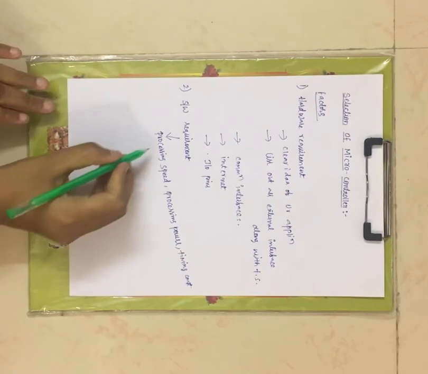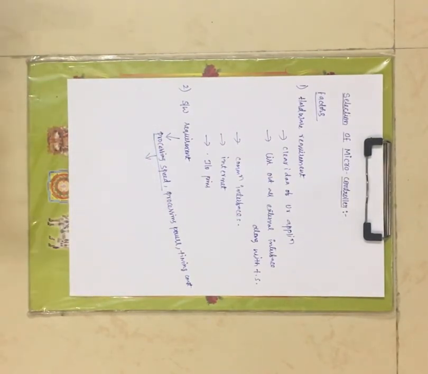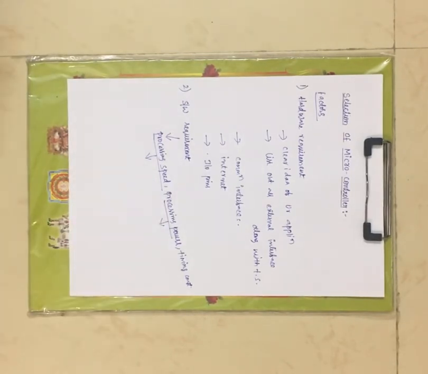What is the processing speed that is required for your project, that also you have to make a note. And whatever processing power is required for your project, that also you have to note.